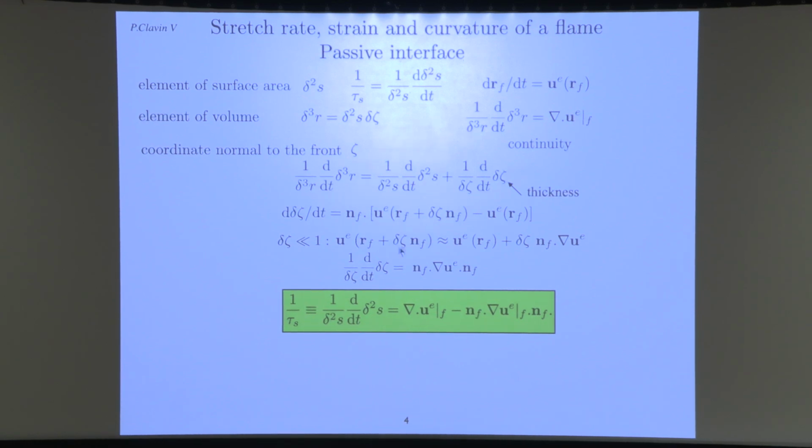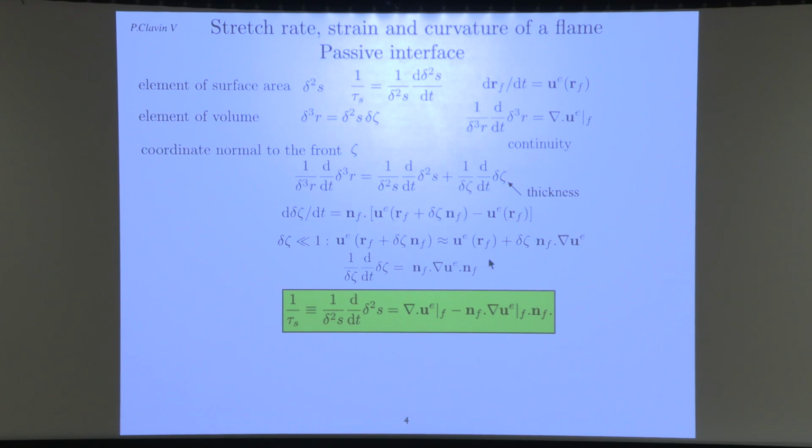And this is easy. You say the rate of change is simply the difference of flow velocity, minus, you know, delta, the small increase of thickness minus the unperturbed thing.